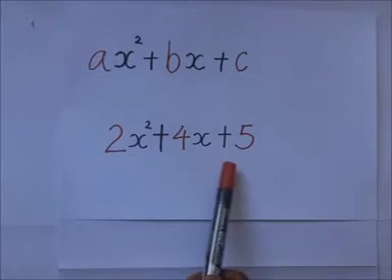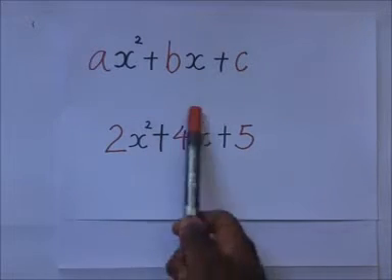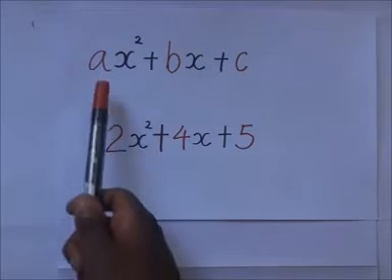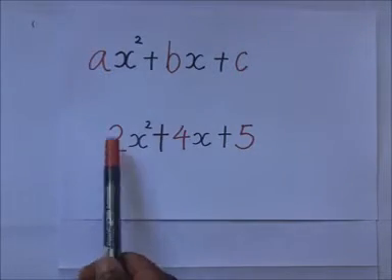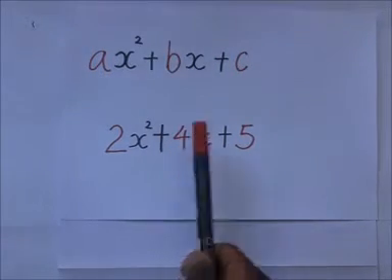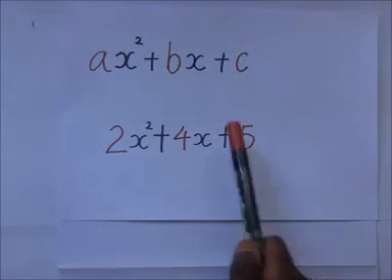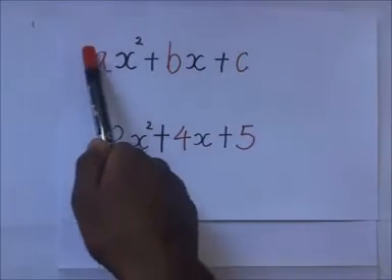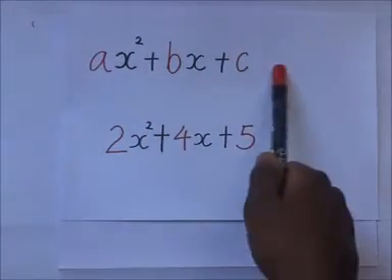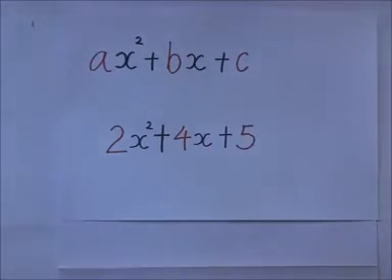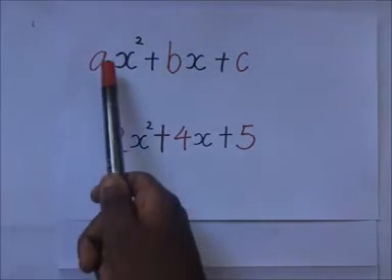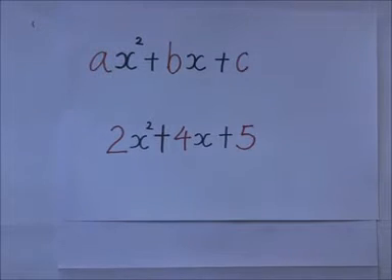For example, right here we have a quadratic function, 2x squared plus 4x plus 5, and we see that the value of a here is 2, the value of b is 4, the value of c is 5. In other words, a, b, and c are always whole numbers. It is called a quadratic function on condition that a is not 0.